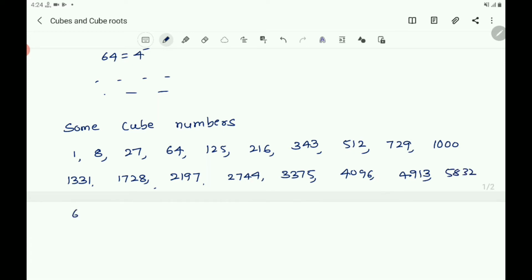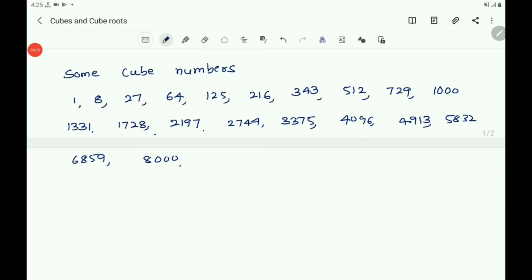Also you can write 6859, 8000. These are some cube numbers. So from this number to this number, these are the cubes of the numbers from 1 to 20. Here it is a cube of 1 and it is a cube of 20.